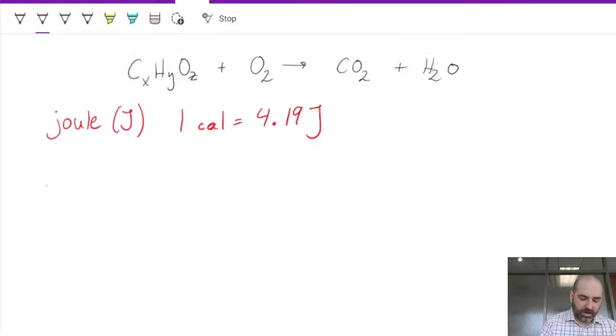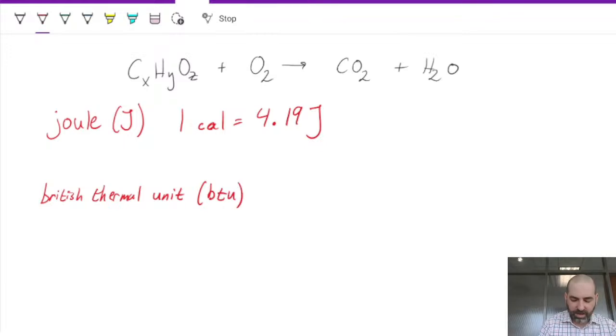A somewhat common one in this country is the British thermal unit, or BTU. I don't have the number offhand, the conversion between calories and BTUs. You can look it up, but this is still used a lot in heating and cooling. So you might have a furnace that's rated in a certain number of BTUs, or an air conditioner, or a space heater.